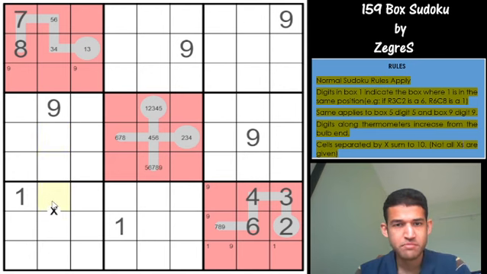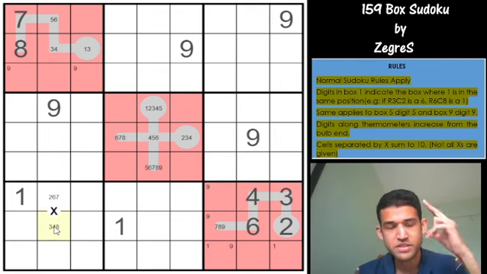Okay, let's write some pencil marks here. This could be 2 and 8. You can't have 2 in this cell, or it could be 3 and 7, or it could be 6 and 4, right? These are the only options left for these cells.